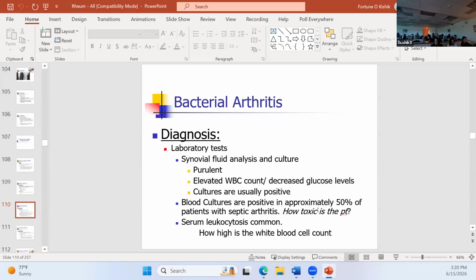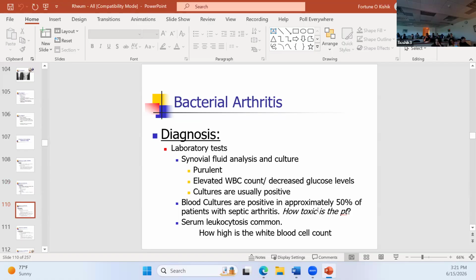All right, so now I have the history out of the way, the physical exam out of the way. Heat, fever. Now that I have this patient in front of me, I need to confirm the patient has bacterial arthritis, meaning bacteria has implanted within the joint line. Well, how will I find that out? A number of things you can do. One is you can get a blood test.